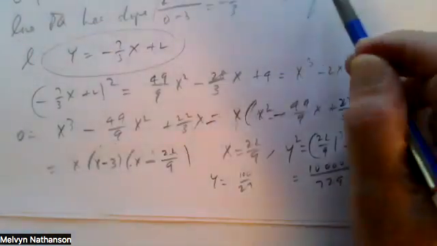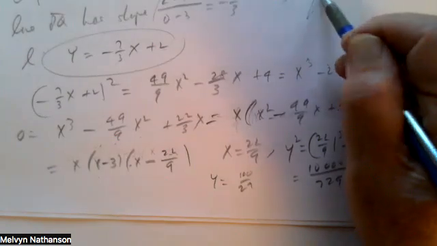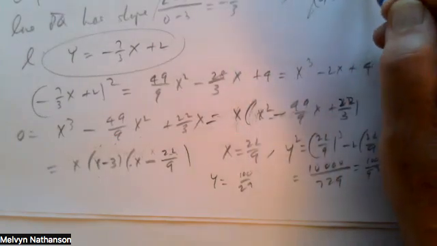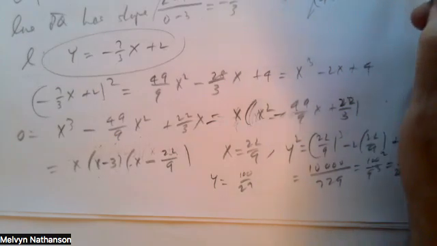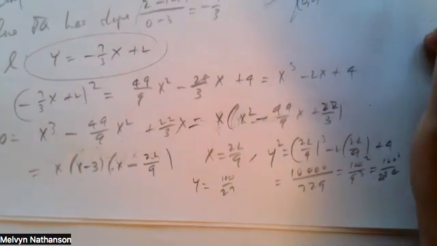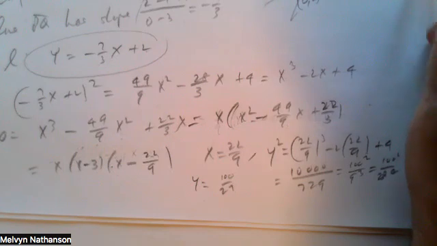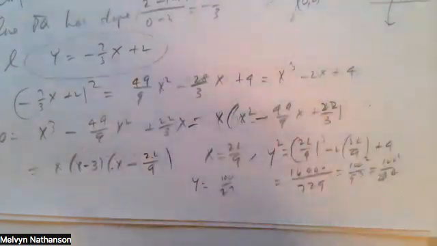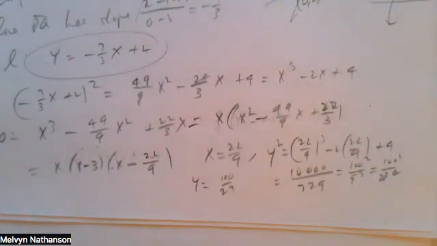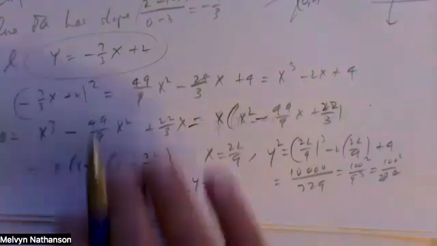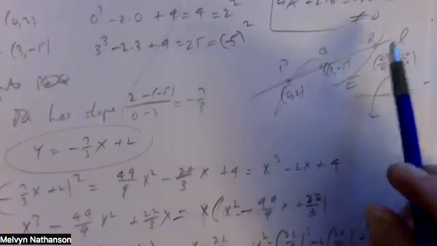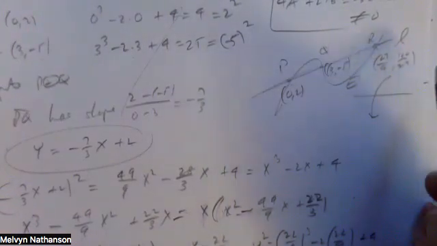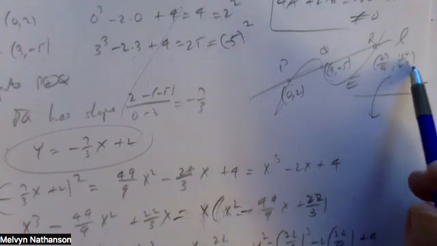So if this is the point P, coordinate 0, 2, and this point Q is 3, minus 5, then the point R is 22 over 9, 100 over 27, and then you reflect that around the x-axis. You get the third point on the curve, 22 over 9, 100 over 27.